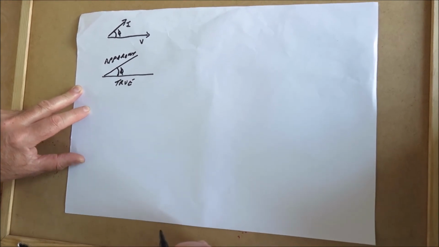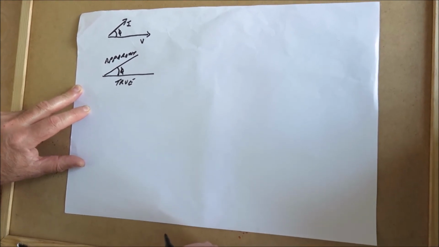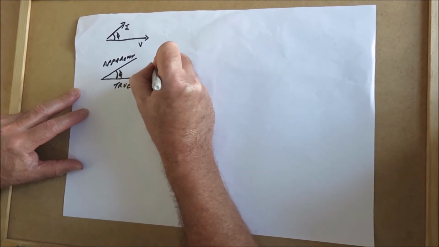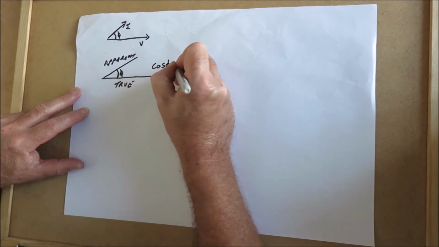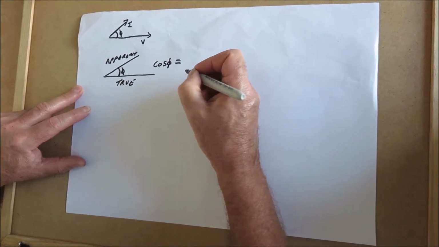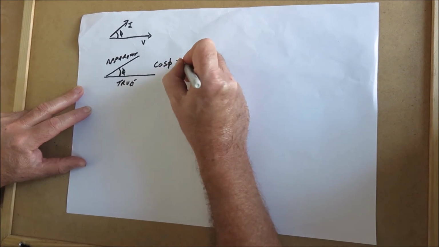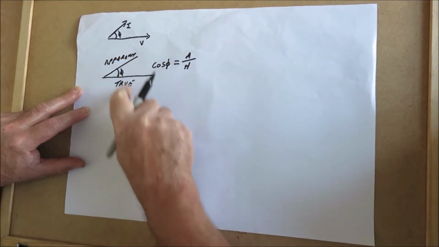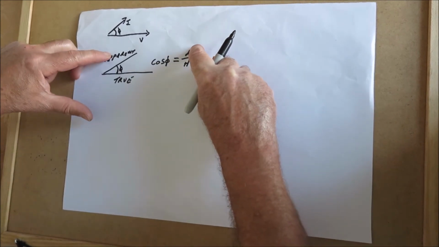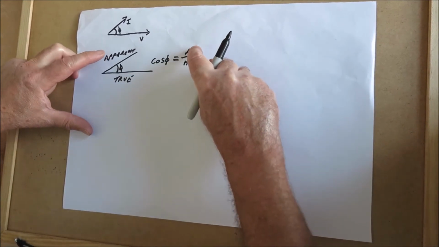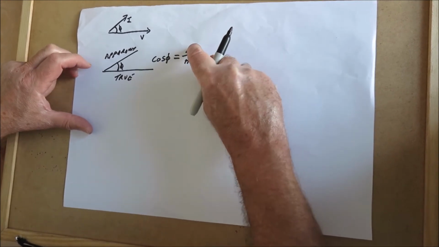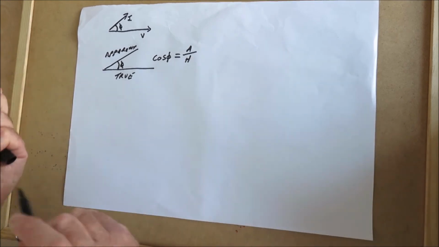And this is just basic trigonometry, because if we look at that trigonometrically, we could say cos phi, if you remember SOHCAHTOA, is equal to the adjacent over the hypotenuse. So power factor is the true over apparent, true being the adjacent and apparent being the hypotenuse.